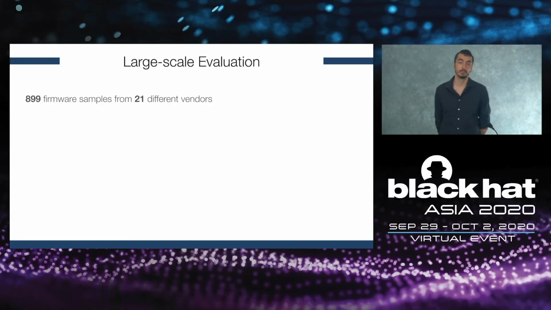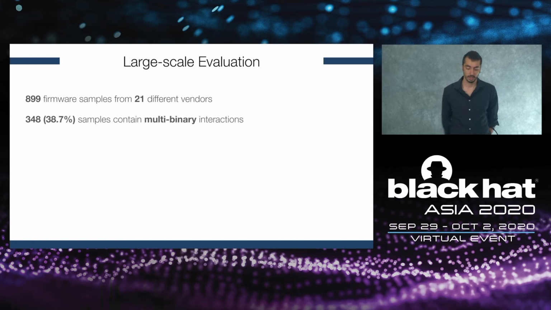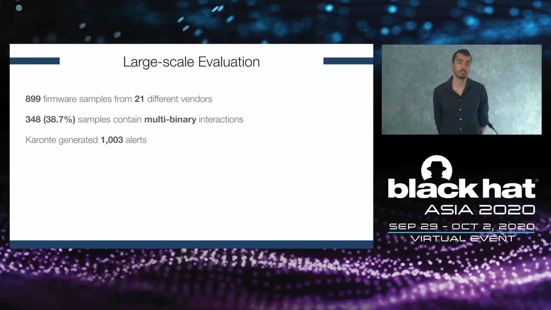We also performed a large-scale evaluation where we considered 899 firmware samples from 21 different vendors. We found that 348 firmware samples contain multibinary interactions, and Caronte overall generated a few more than 1,000 alerts.